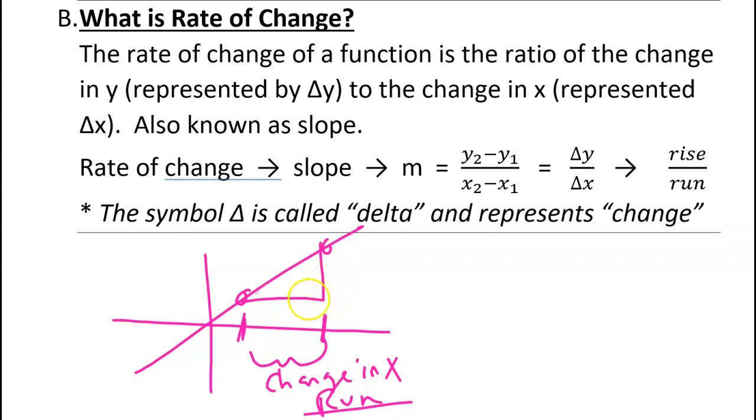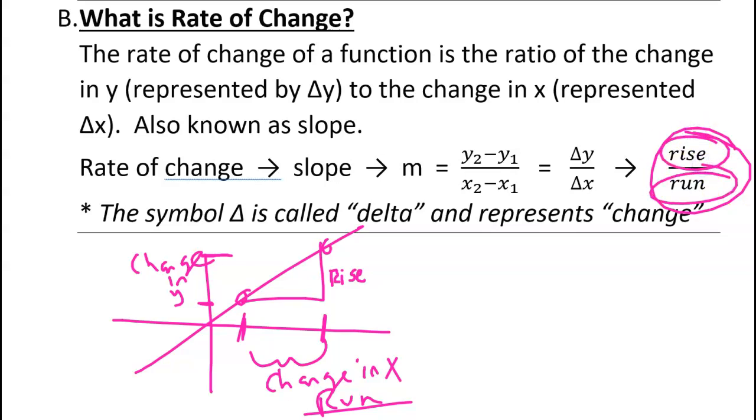And then the distance from here to here, that tells us how far up we went. That's our rise, correct? So going from here to here, that's a change in y. So what a slope is, as you guys know, slope is rise over run, right? Well, basically, it's the change in y being divided by the change in x.